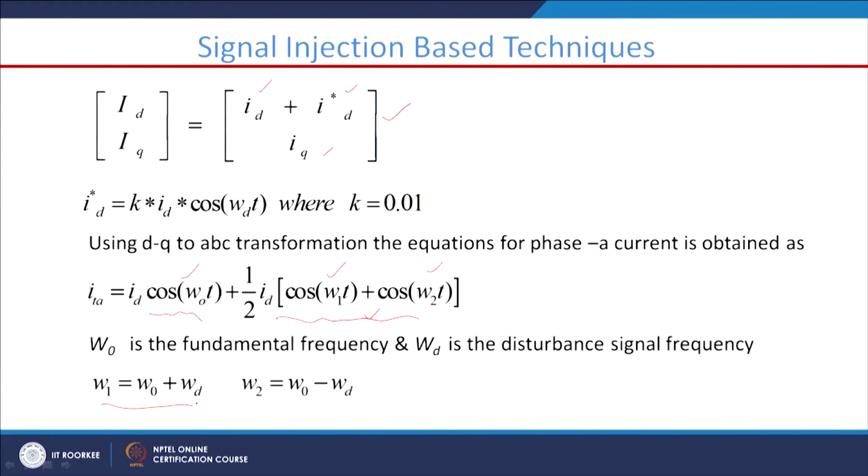Now, what is this W1? W1 is W naught plus WD. WD is our fundamental disturbance signal frequency, and W naught is the fundamental frequency of the signal which is present.